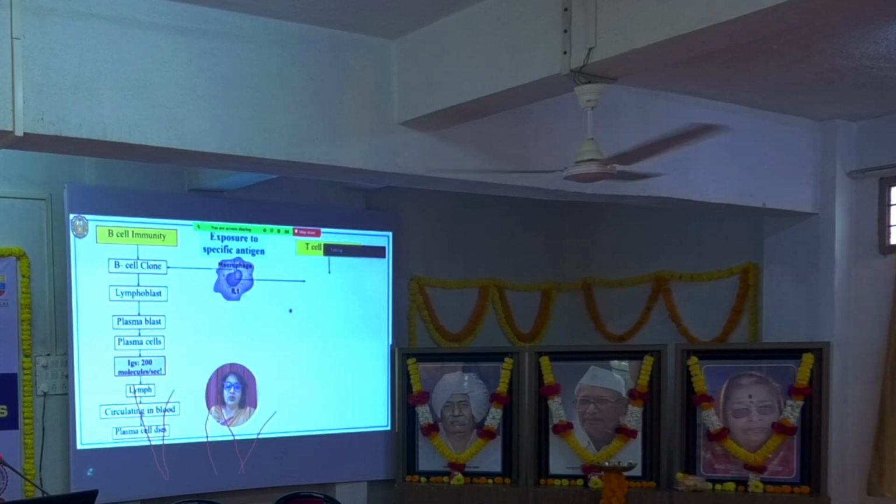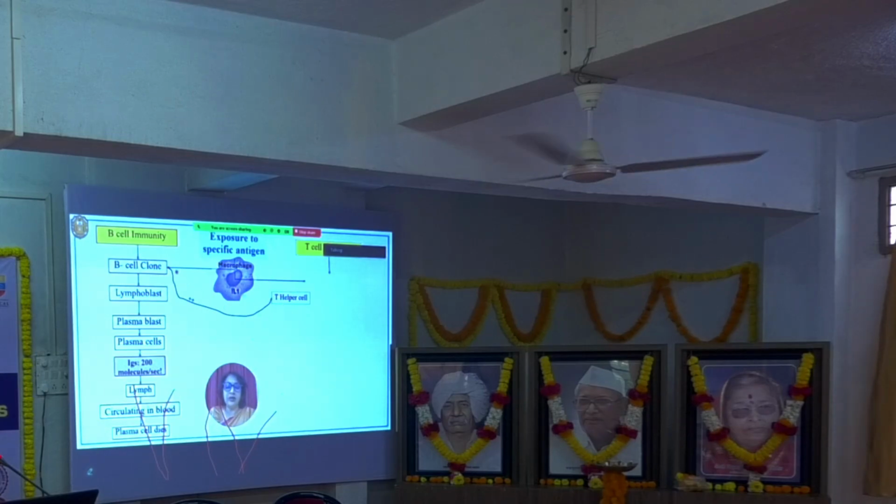The T cell clone forms helper T cells, and interleukin from the macrophage and these helper T cells together contribute to extreme activation of the B lymphocyte. B lymphocytes specific for that given antigen immediately enlarge and take the appearance of lymphoblasts. Some of the lymphoblasts differentiate to form plasmablasts, which are precursors of plasma cells.